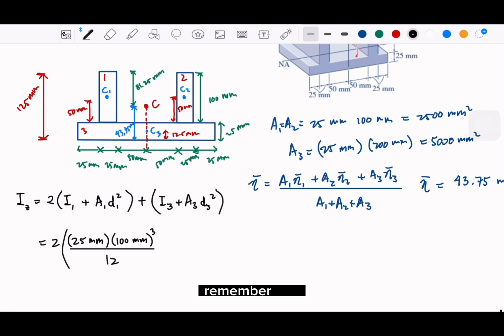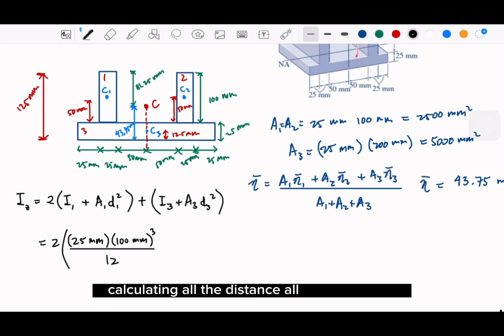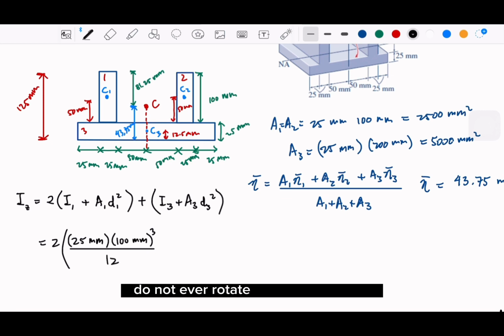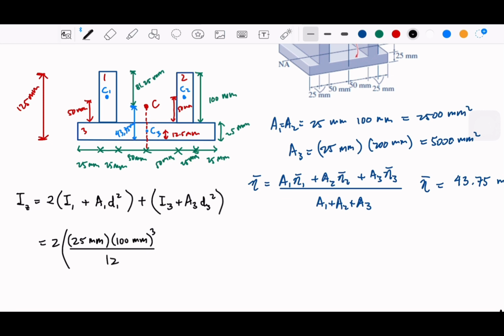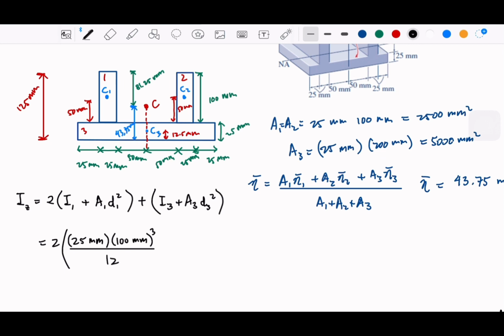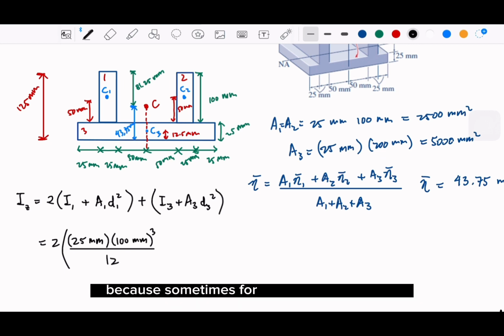And remember one thing about this shape. When you are calculating all the distances, all the centroids, do not ever rotate the shape, because if you rotate, all the assumptions will be changed. Do you understand? For example, which one is the base and height?